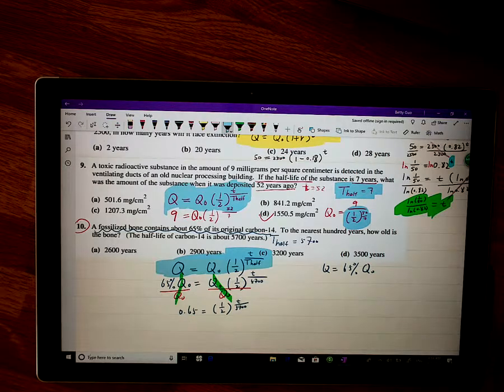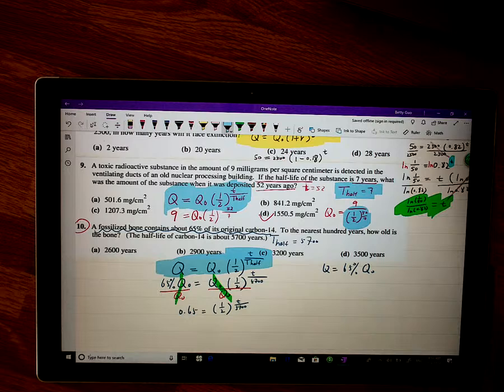And you have 0.72. 0.72 is a little bit bigger than 0.65. So maybe do not choose A. Let's try B. Again, 0.5 is raised to the power of 2900 divided by 5700. And that gives us 0.70, which is also bigger than 0.65 and not pretty close.